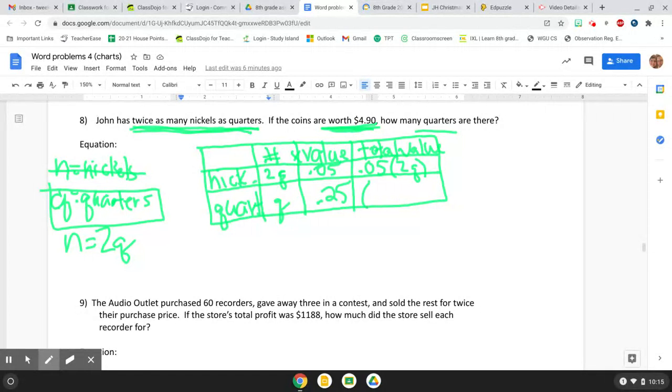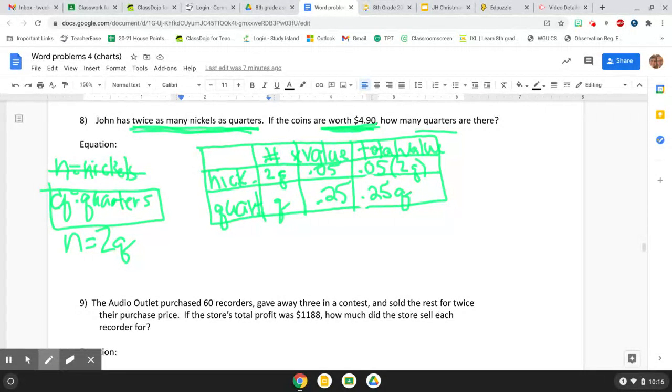And, oh, I didn't need parentheses right away. Let me back that up. So then for my next one, when I multiply the value and the number, I'm going to say 0.25 times Q. Okay, so now I have to figure out how I'm going to create my equation.